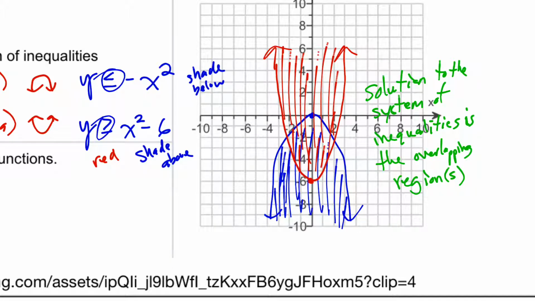So as you can see here, we have, including the graph edges, everything that overlaps in this region here. Okay, and there is our solution to the quadratic inequalities.